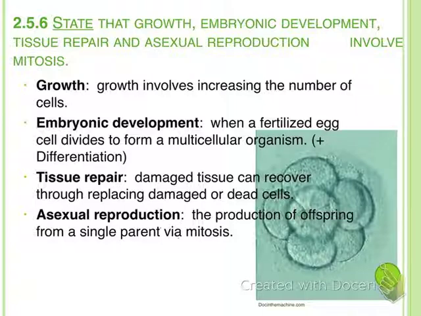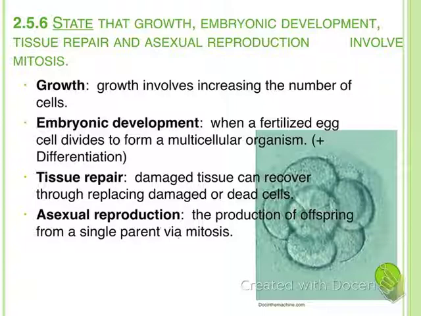So basically, these are the things that cell division can accomplish. If an organism needs to grow, it's going to need more cells, so cell division occurs. When an embryo is developing, obviously it starts as one complete cell and needs to grow into billions of cells. So the fertilized egg is going to divide to form a multicellular organism.